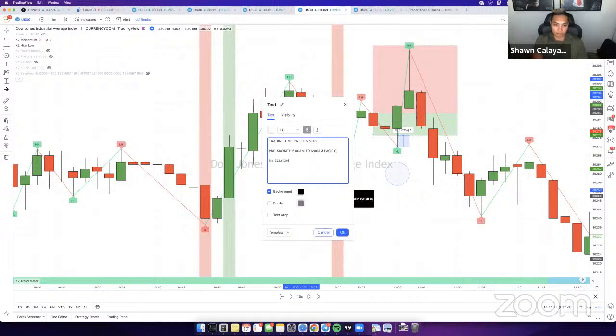New York session, of course, 6:30 a.m. to 8 a.m. Then 10 a.m. to, I guess, 12 p.m. And then Asia session, which I don't typically recommend you guys trade during Asia, but this is a time that I typically look for trades.